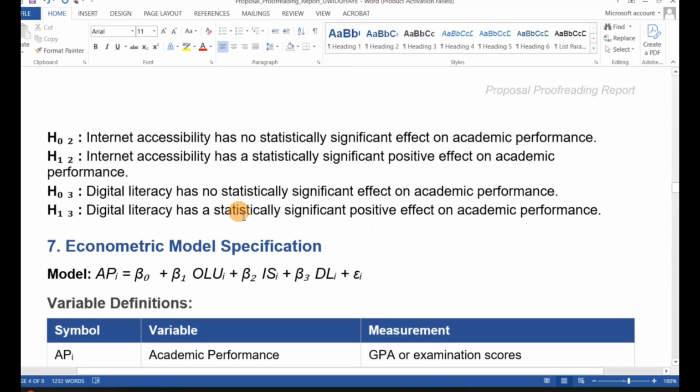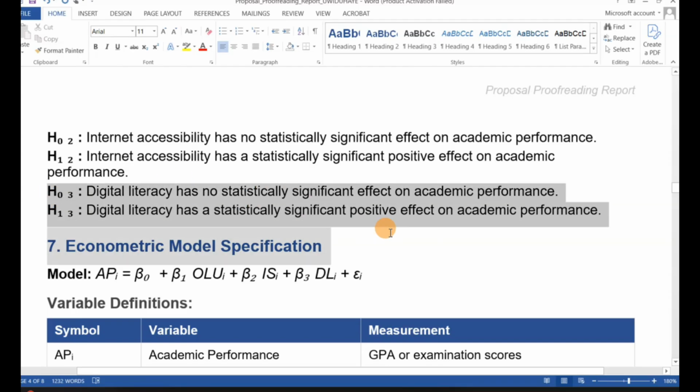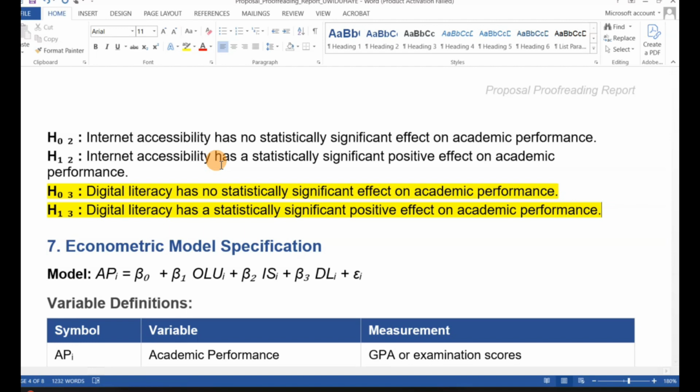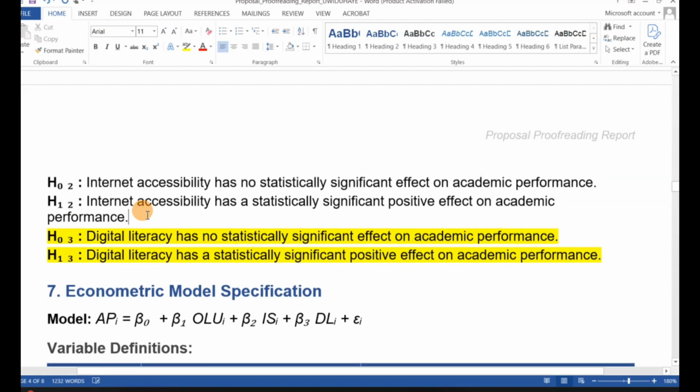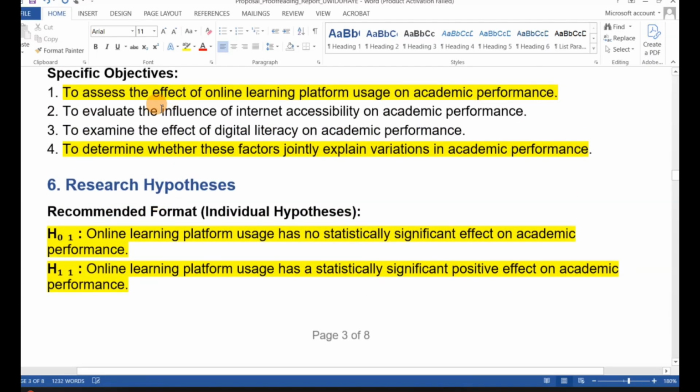So what if he used the last hypothesis, this one? No, he will be missing. How many hypotheses do we have? It depends on your objective. Now we are having the best of two objectives. She will be focusing on the first objective.